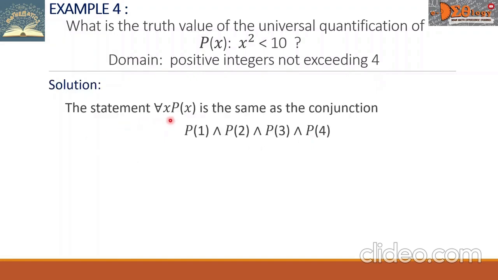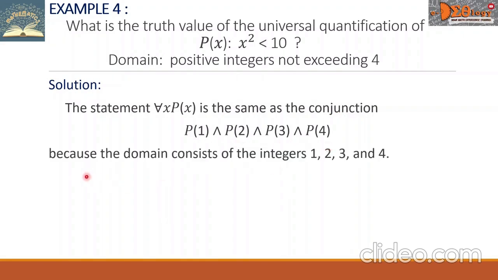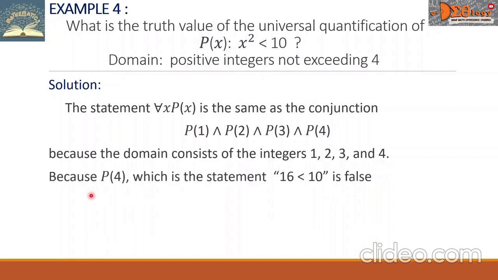The statement for all x, p of x is the same as the conjunction p of 1 and p of 2 and p of 3 and p of 4, because the domain consists of the integers 1, 2, 3, and 4. Because p of 4, which is the statement 16 is less than 10, is false, it follows that for every x, p of x is false. In here, the number 4 is the counterexample.